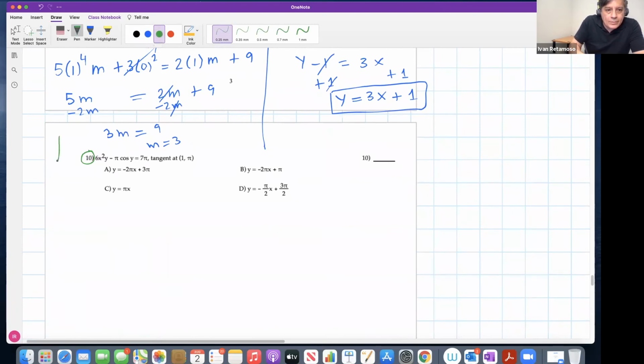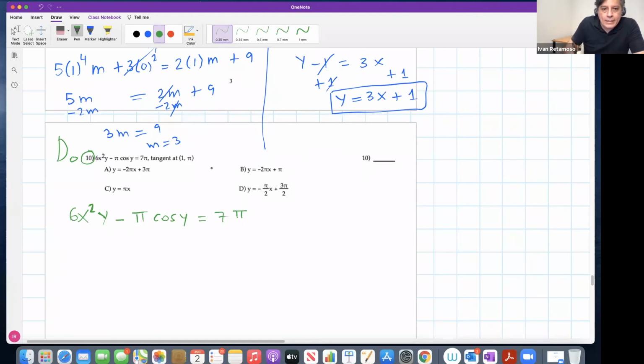They want you to... y minus pi cosine of y equals 7 pi.